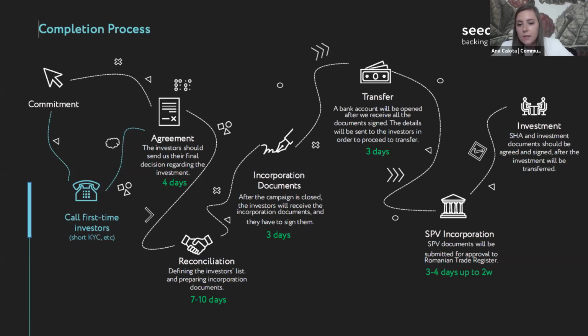Usually, there is a maximum amount an investor can invest through SeedBlink for each campaign. We usually limit this amount to 15% of the total amount targeted by the company, in order not to block the decisions of the SPV. And then the SPV signs the documents, each document for each type of campaign, with the startup.